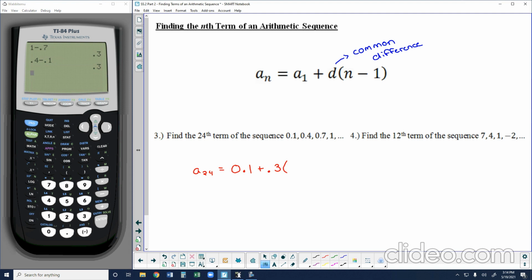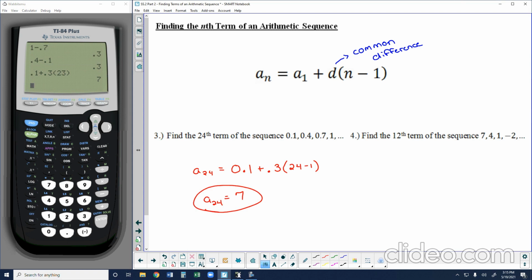Now I can substitute into the formula. n would be 24 minus 1, and I can evaluate. So this would be 0.1 plus 0.3 times 23, and that gives us the 24th term, which would be 7.